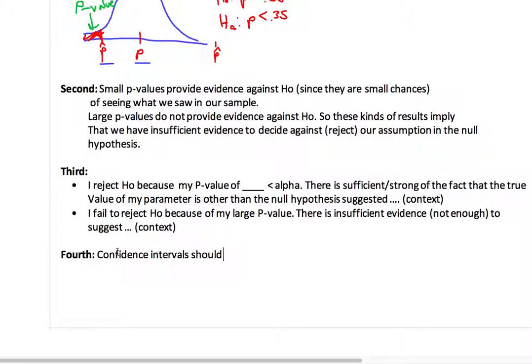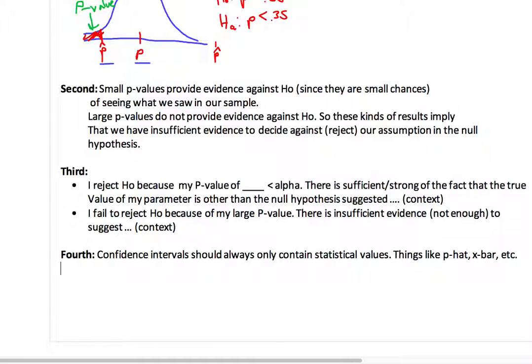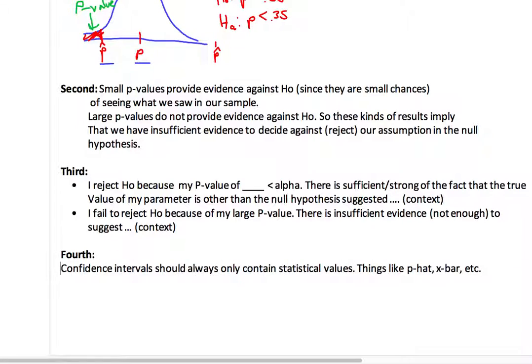Confidence intervals should always only contain statistical values, things like p hat, x bar, etc. They should not have parameters, because you're trying to estimate the parameter and you don't know what it is. So don't put parameters in there.